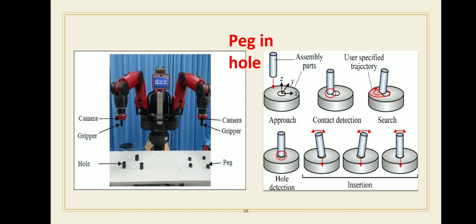Robots are costly due to the initial cost, installation cost, peripheral devices, need for training, and need for programming. So these are the different advantages and disadvantages of the assembly task.